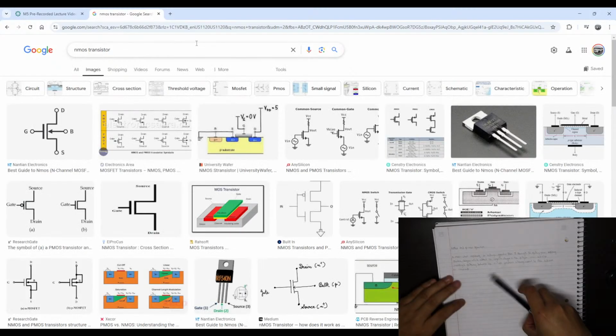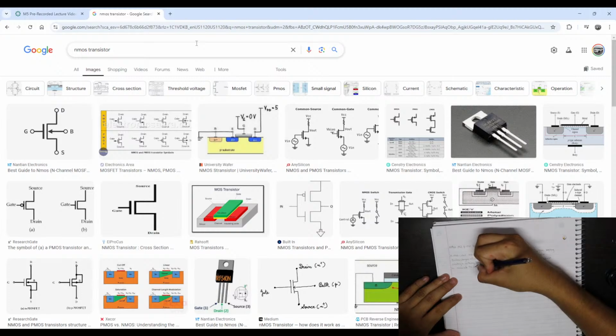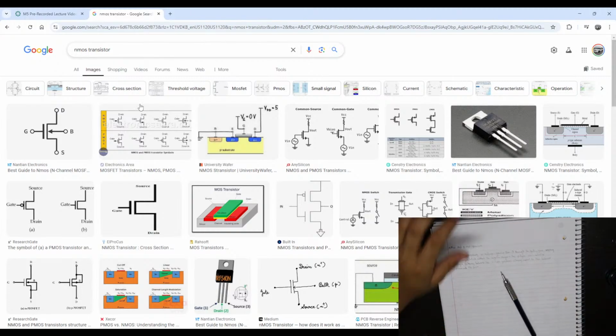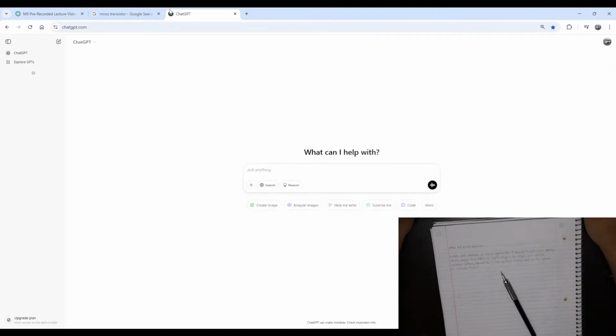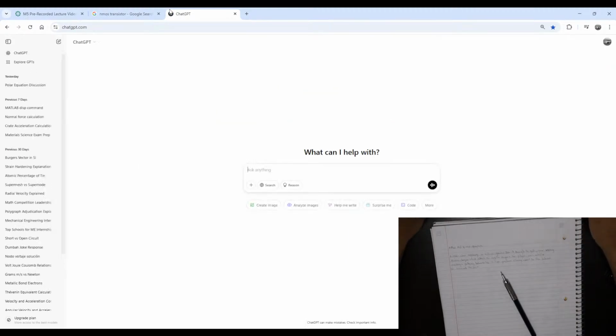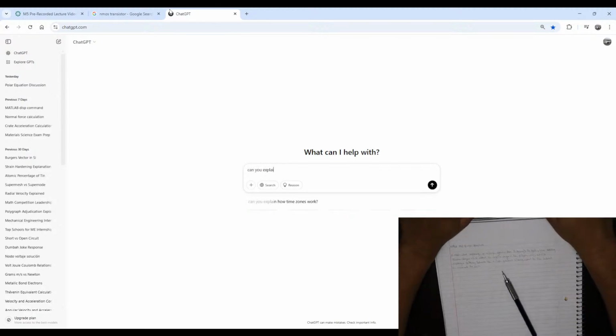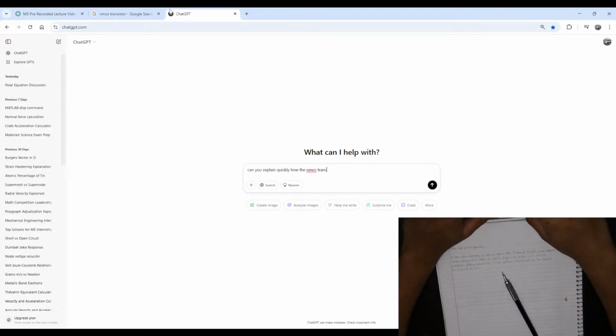Oh, it's a drain. Let me ask ChatGPT if I'm on the right track. You explain quickly how NMOS transistor acts.